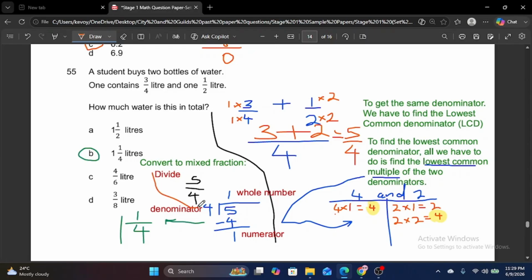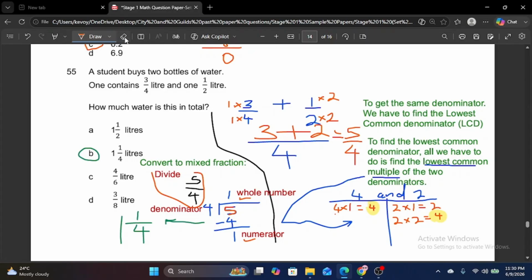So we divide 5 by 4. 4 into 5 goes 1 time, and 1 times 4 is equal to 4. After that you subtract, and you get 1. The remainder is always the numerator. The answer we get is always our whole number, and the number we divide by is always our denominator.